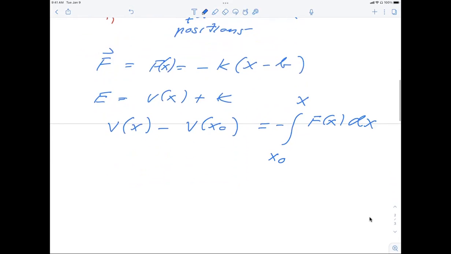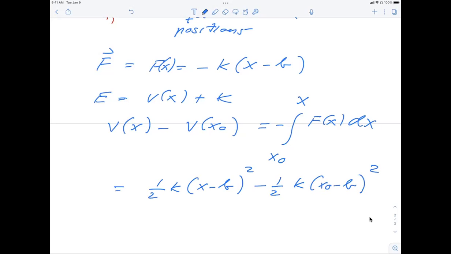And when we integrate with the expression for the harmonic oscillator, what we get is 1/2 K (X minus B) squared minus 1/2 K times (X0 minus B) squared.